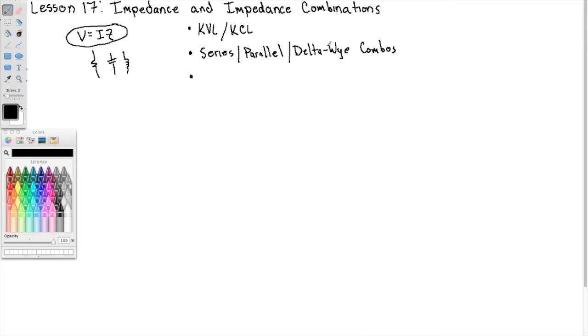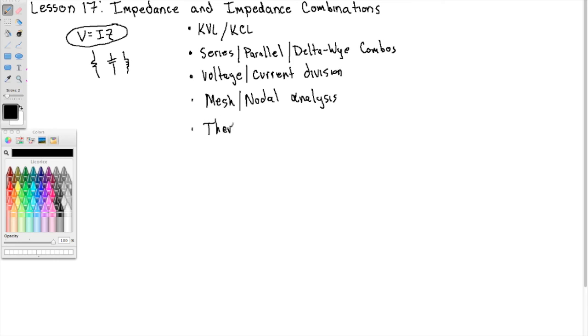And as a corollary to that, we saw voltage and current division. Ooh, everybody's favorite, mesh and nodal analysis. And these are just some of the tricks we learned. Thevenin Norton, linearity, the list goes on.